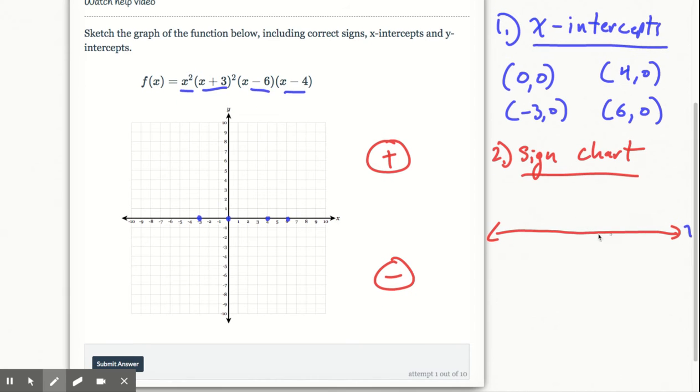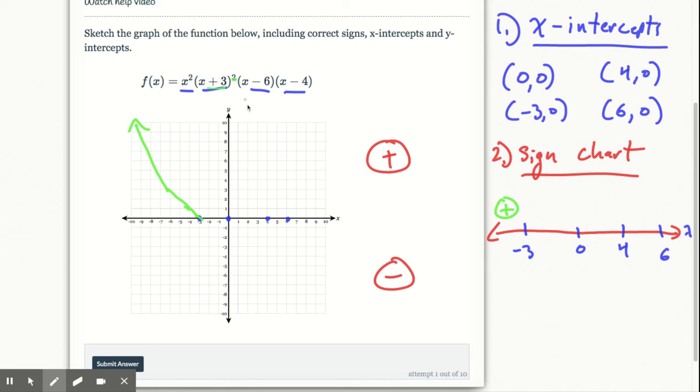If we imagine our x-axis and we imagine our intercepts on that axis, so we imagine -3, 0, 4, and 6, here is what you should get for the signs on this sign chart, right? Left of -3, the function is going to be positive, meaning the function is going to start up here until it gets to that first x-intercept, right?